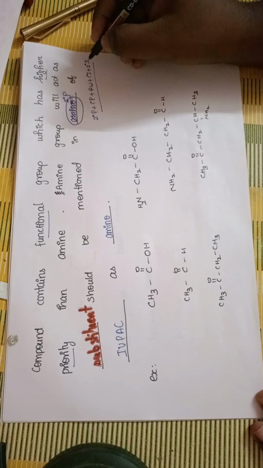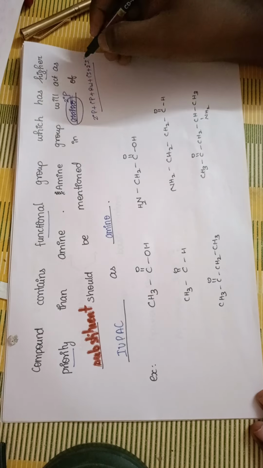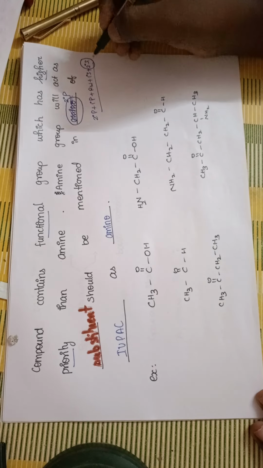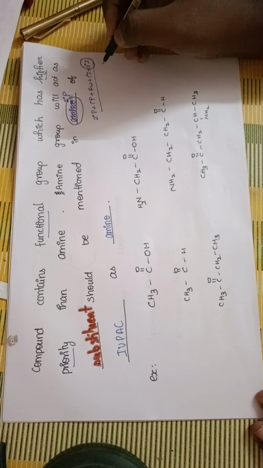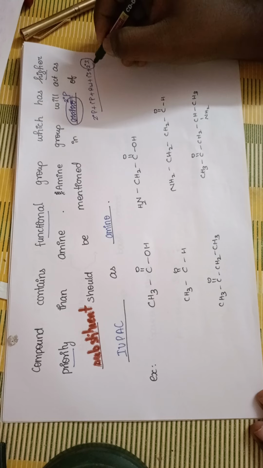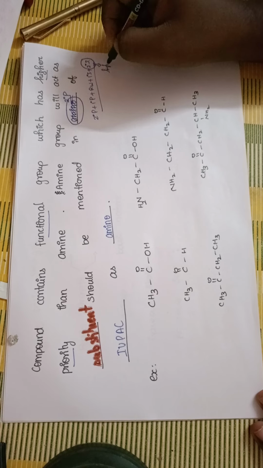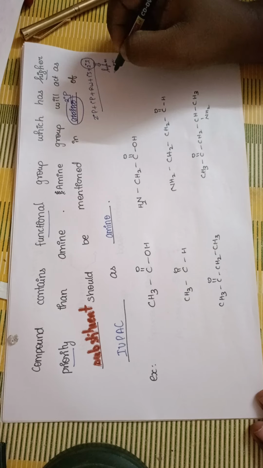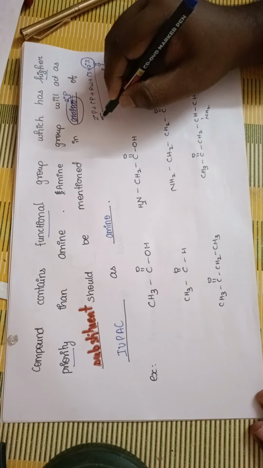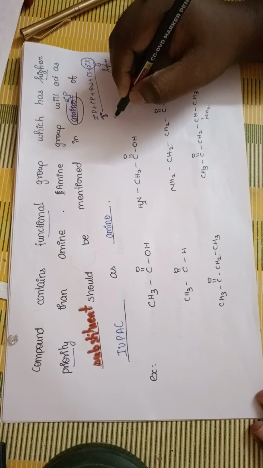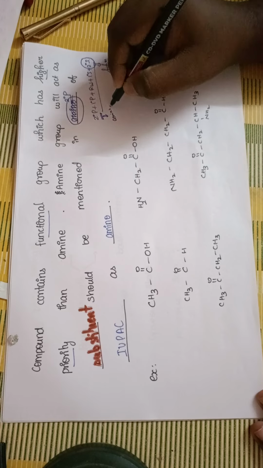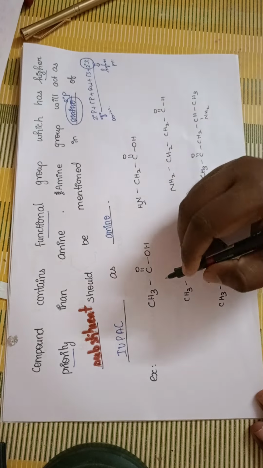So in this, if the compound contains only the amine functional group, we will use the secondary suffix to mention that amine functional group. In case the compound has a functional group of higher priority over amine, then the higher priority functional group should be mentioned in the secondary suffix. At that time, the amine functional group acts as a substituent and is mentioned in the secondary prefix as amino. Clear? Let's see an example.